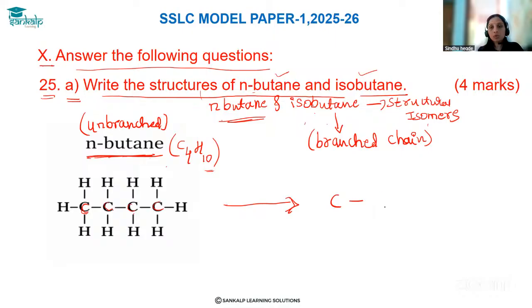Again here also 4 carbons are there, 1, 2, 3 and 4.